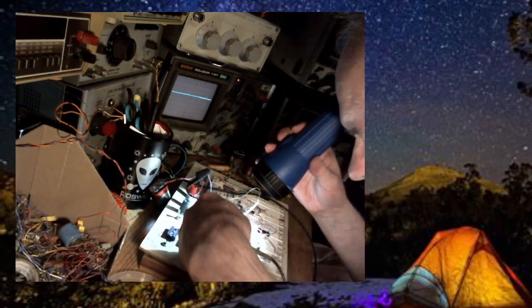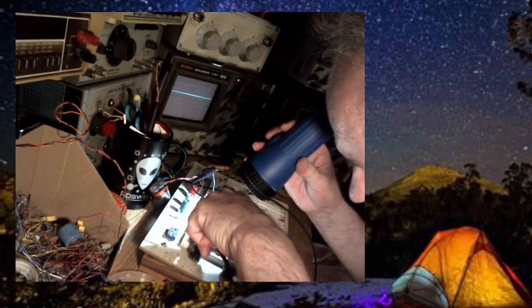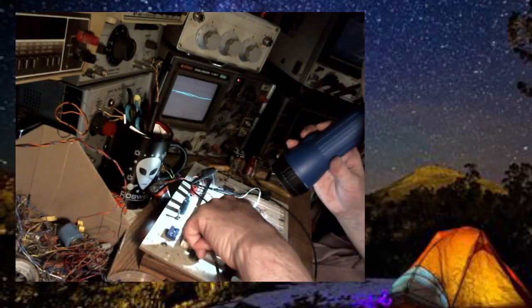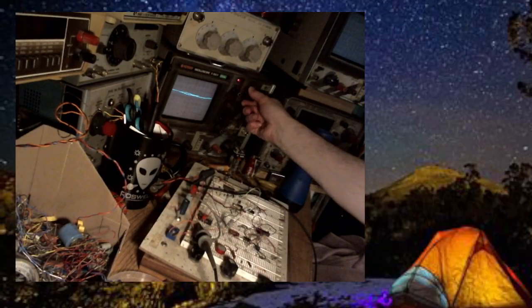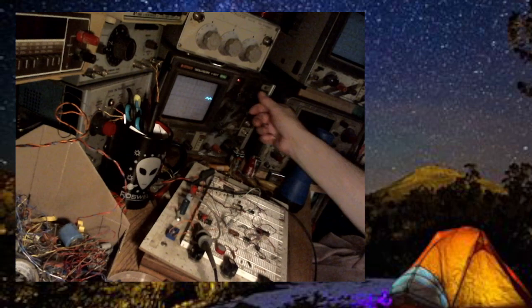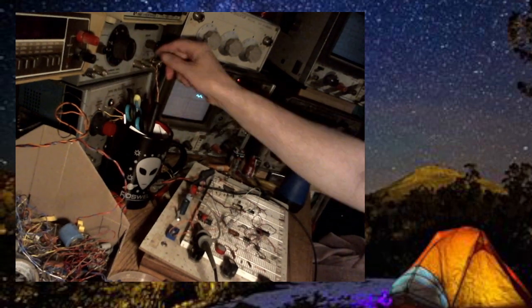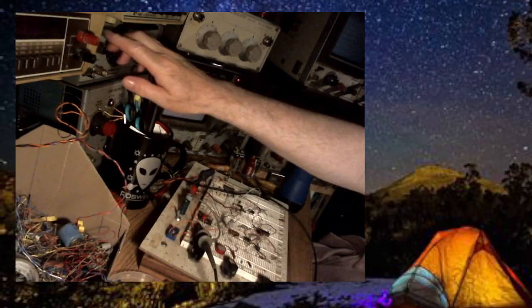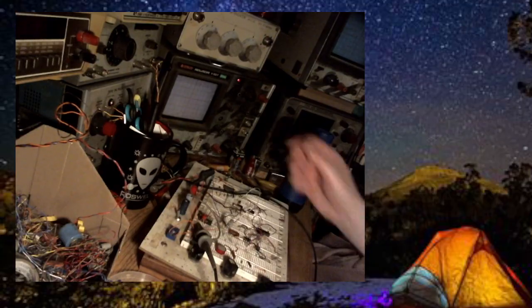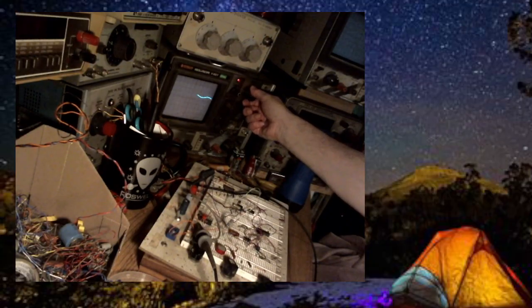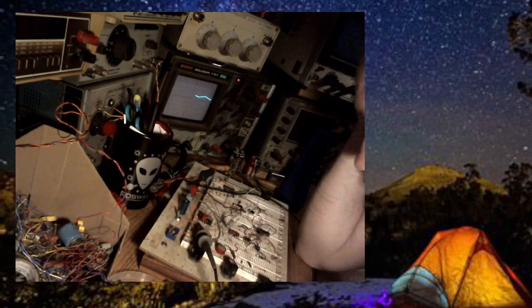Probably pull out that damn diode. Yeah, see, that's still the AC signal. What if I turn this on? It's still picking up the AC ripple.